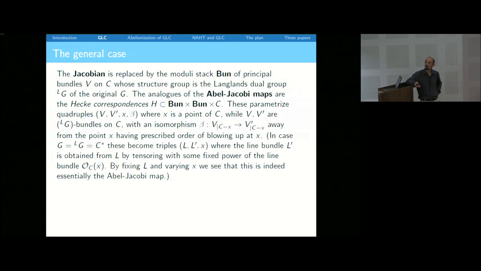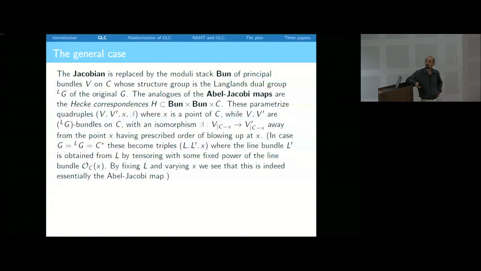So let's just illustrate this in the abelian case, the one that I was dealing with last time. These become triples: a line bundle L, another line bundle L prime, and a point X, where the line bundle L prime is obtained from L by tensoring with some fixed power of the line bundle O(X). So if you fix L and you vary the point X, that just gives you the Abel-Jacobi map. So that's the sense in which this Hecke correspondence generalizes Abel-Jacobi.